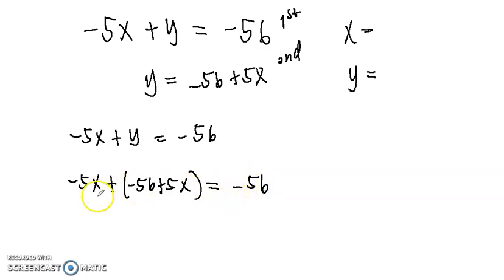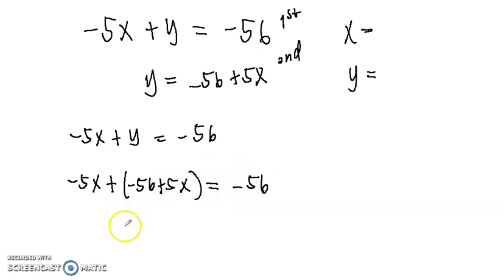So in this case we have negative 5x plus negative 56 plus positive 5x equals negative 56.